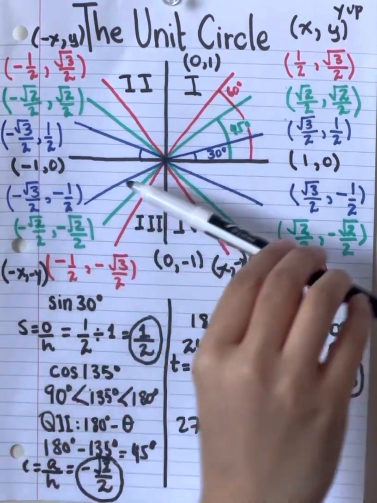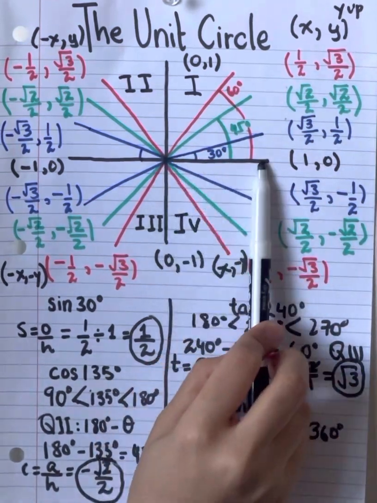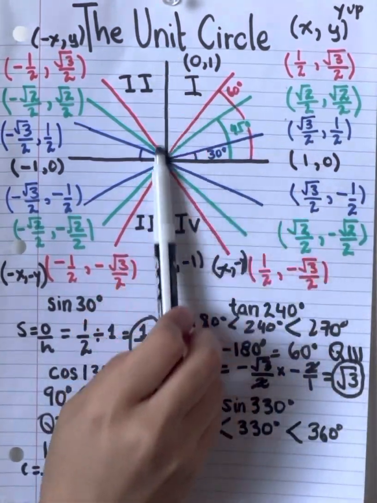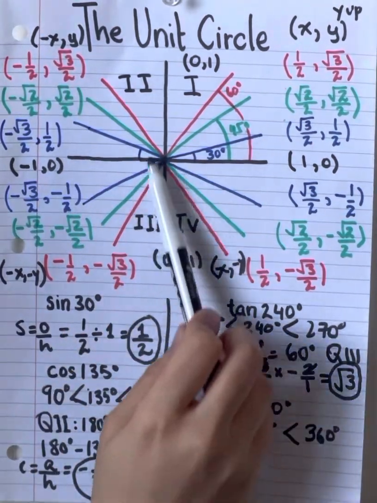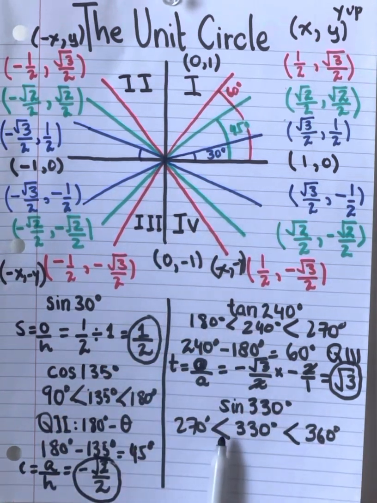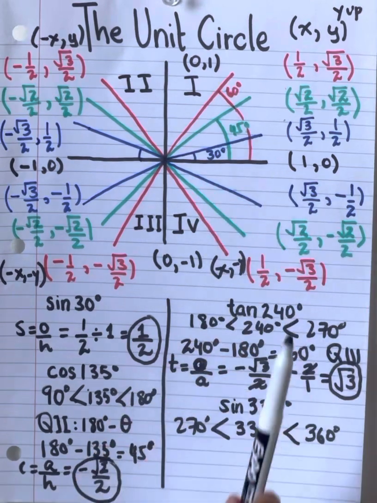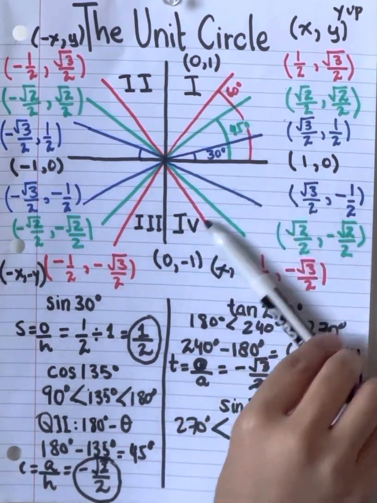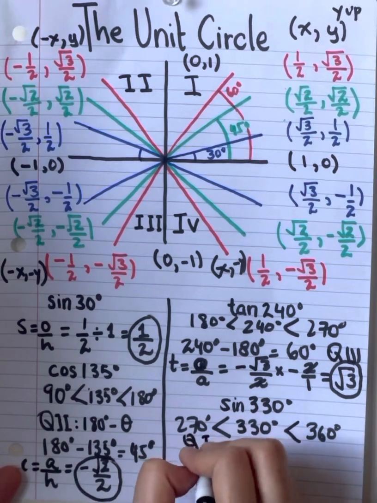We have to remember that this one is 360, this angle is 90, this angle is 180, and this angle is 270. So if it's greater than 270 and less than 360, it means it's somewhere in quadrant 4. So we know that it's in quadrant 4.